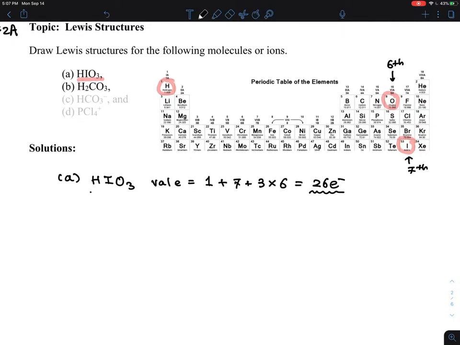So now I have this in my hands, and what you need to do is put something other than oxygen or hydrogen in the center. So I'm going to put the iodine in the middle, and then I'm going to put oxygen. There are 3, so I'm going to put 3 oxygens here.